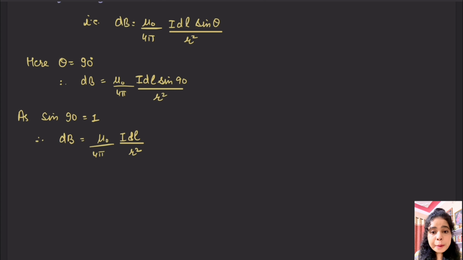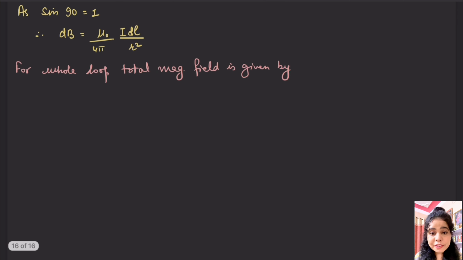This is the amount of magnetic field which is produced by the small portion, but we have an infinite number of equal parts which are producing the same amount of magnetic field at the center. That means we have to find the total magnetic field, which is given by integrating the above equation.